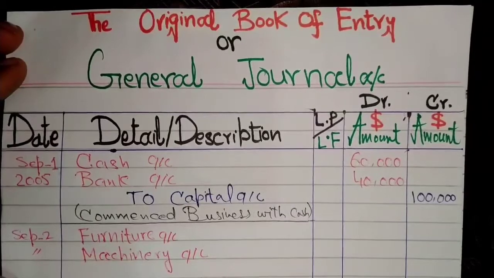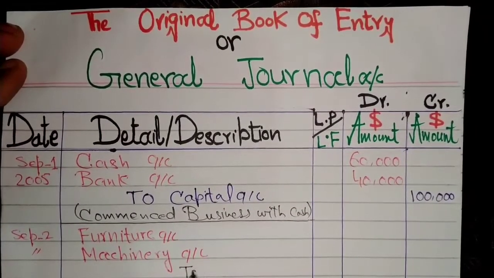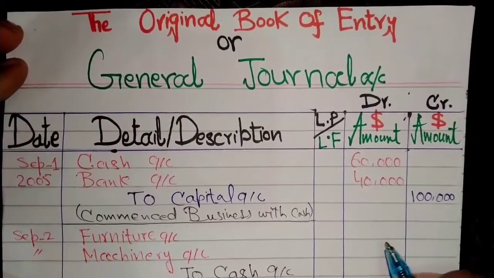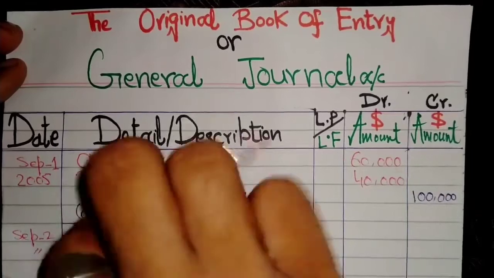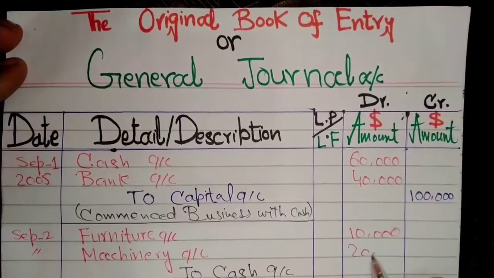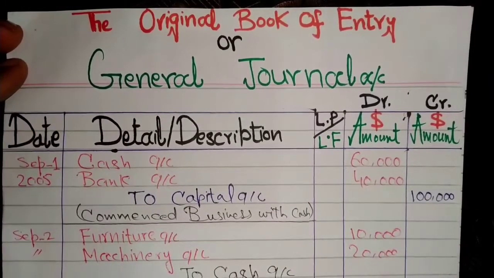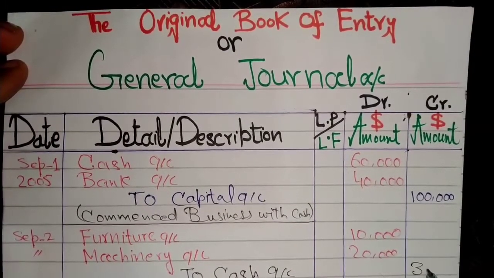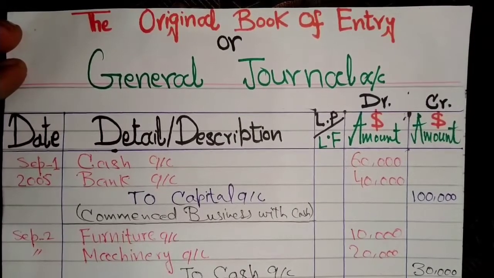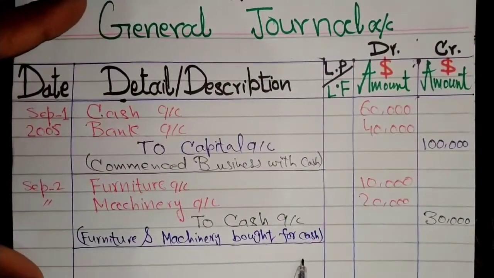This is a compound entry because it holds more than 2 accounts. To cash account, with the furniture amount $10,000 and machinery amount $20,000, so the cash will be entered with the total $30,000, with the description furniture and machinery bought for cash.